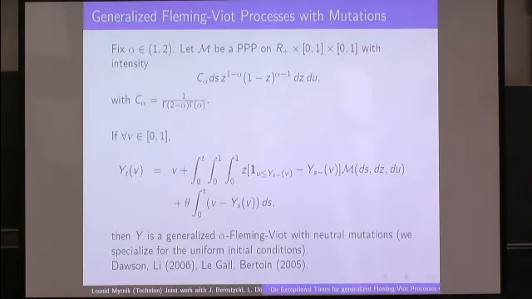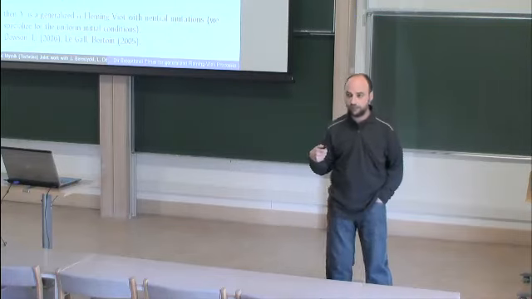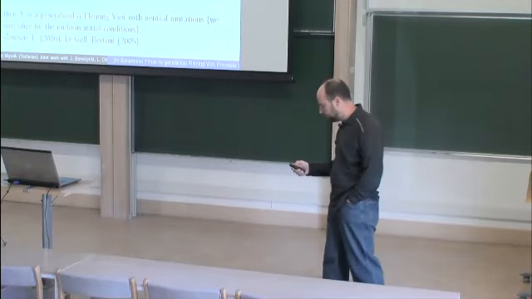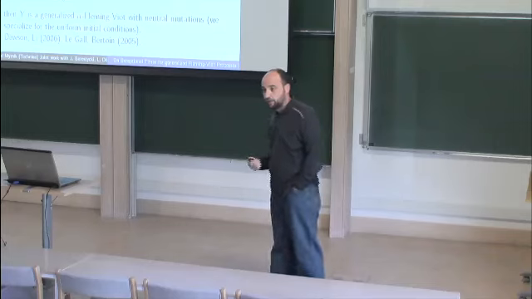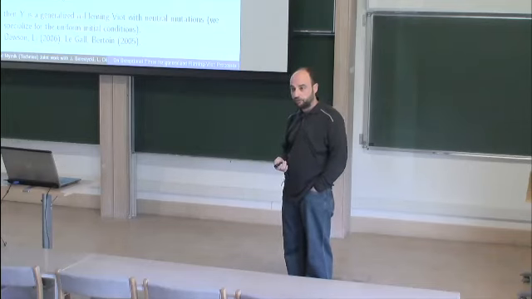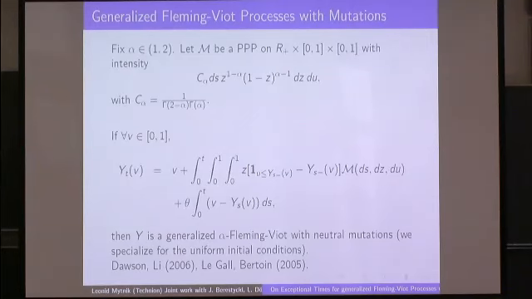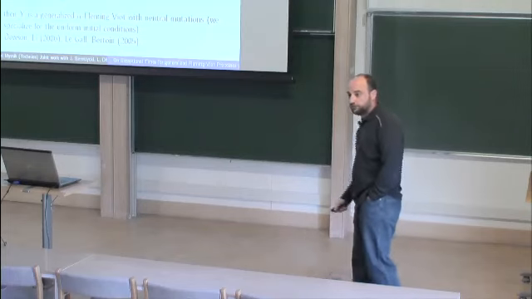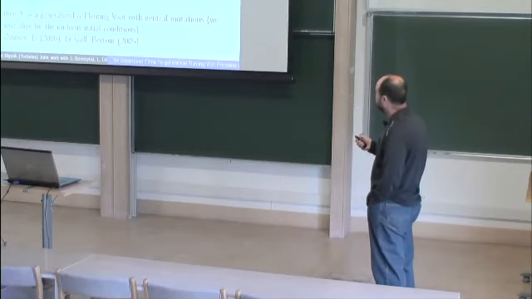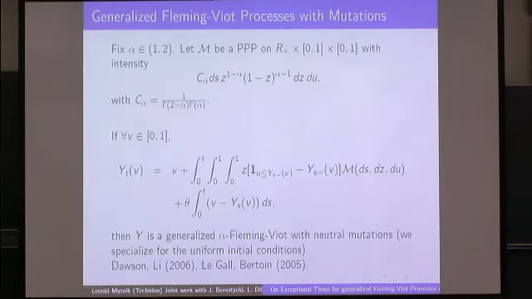We're going to do it not via martingale problem, but via SPDEs, via an SPDE construction, which is parallel to the white noise equation we had before for the classical Fleming-Viot process. So take a Poisson point process on R plus times 0,1. R plus is time, the others I'll explain, and the intensity is ds in time. So you have some constant intensity of jumps in time, and you have this measure z^(1-alpha) (1-z)^(alpha-1).